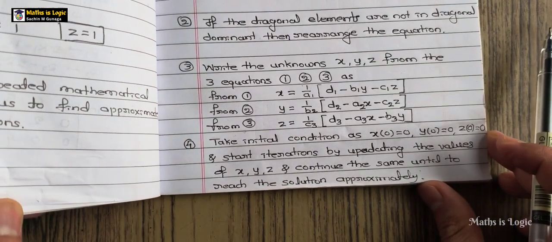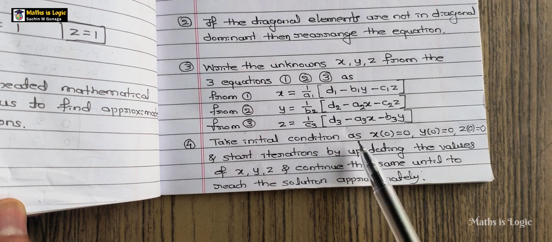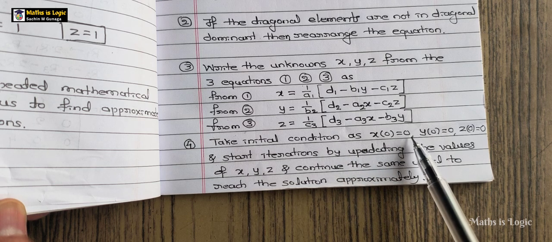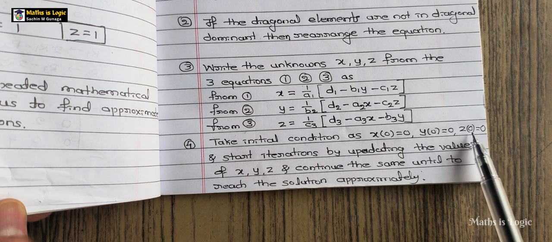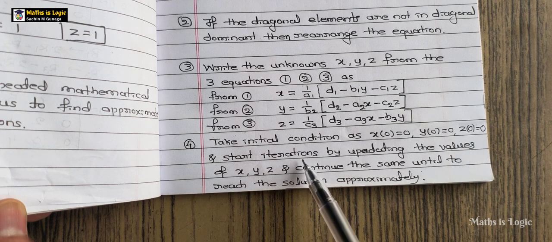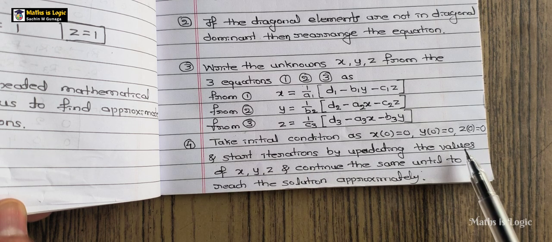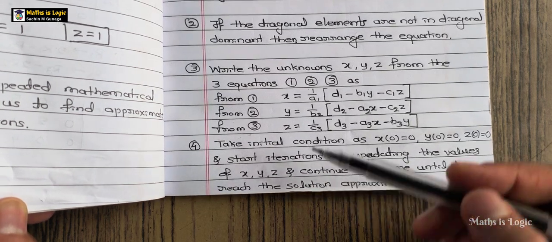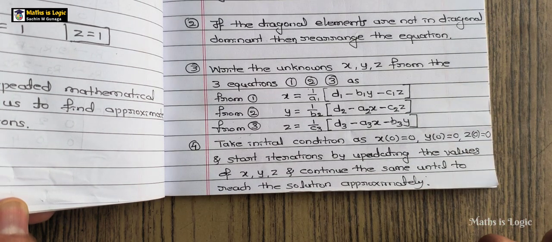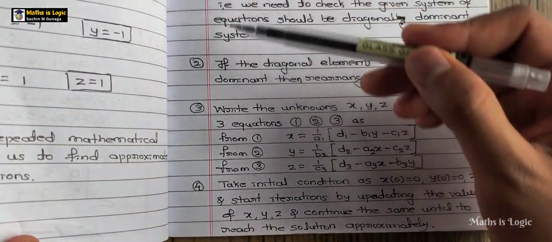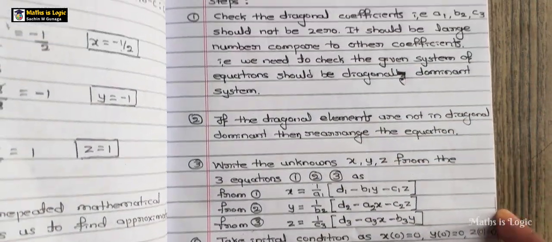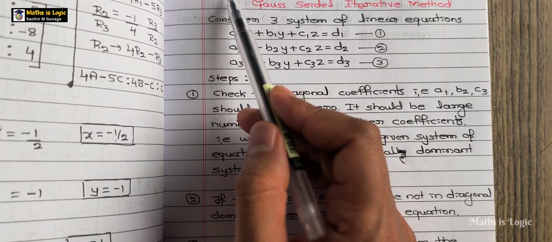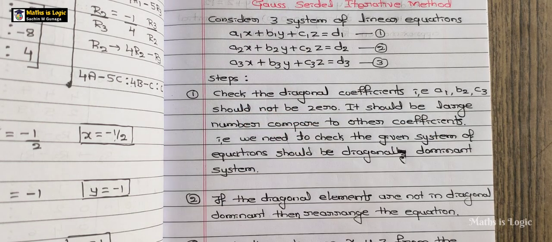After that, the last step: take initial conditions as x0 is 0, y0 is 0, z0 is 0, and start iterating by updating the values of x, y, z, and continue the same until we reach the solution approximately. While solving the example, you will understand how to apply these 4 steps in examples on the Gauss-Seidel method.